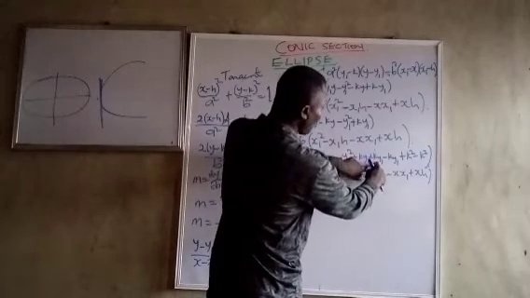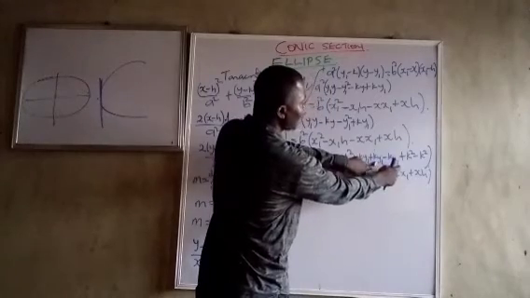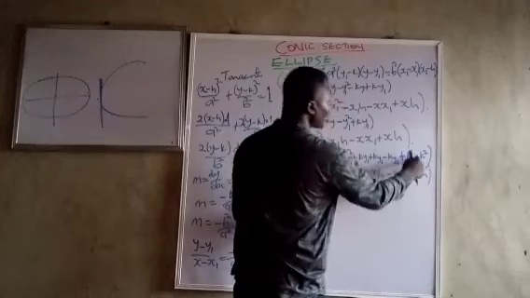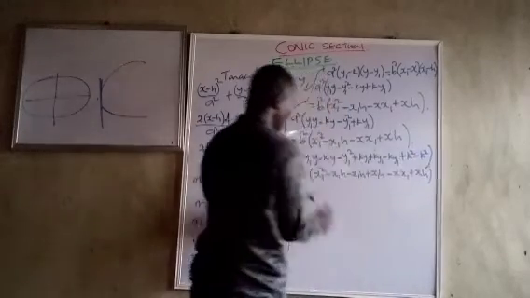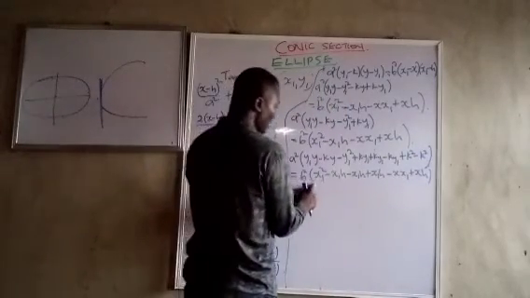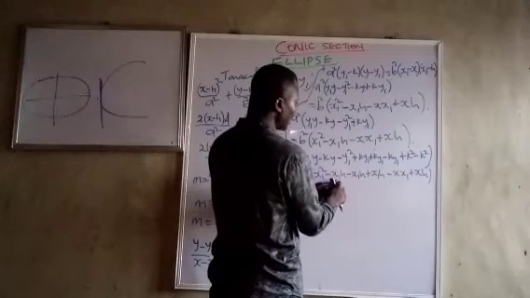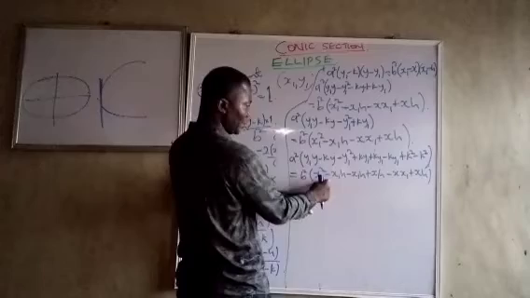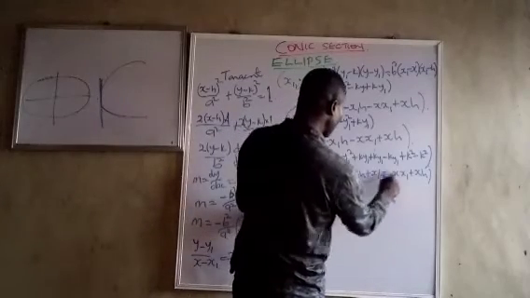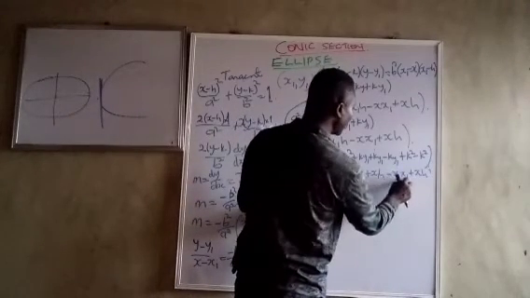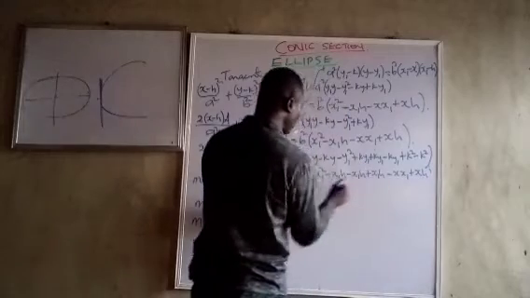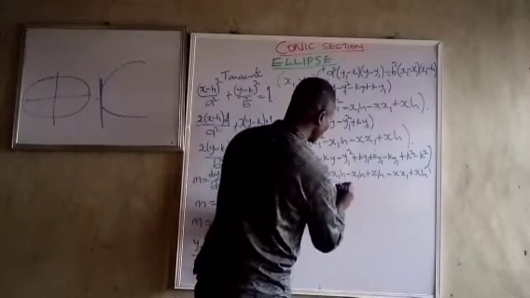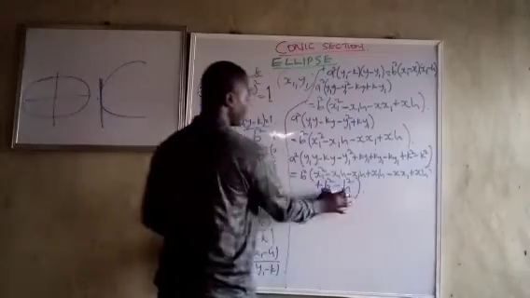I added ky1 and subtracted ky1 again to complete the square, please. And I added k squared and subtracted k squared again. The same thing I did here: b squared into x1 squared minus x1h minus x1h plus x1h, so that I'll be able to complete this. So minus xx1 plus xh. This one is not yet complete. I am supposed to add h squared and subtract h squared at the same time.